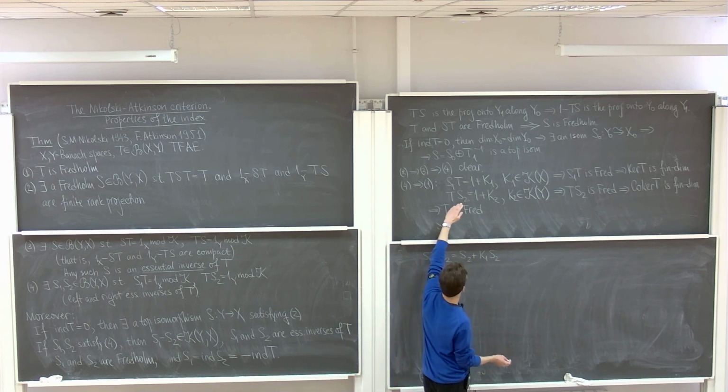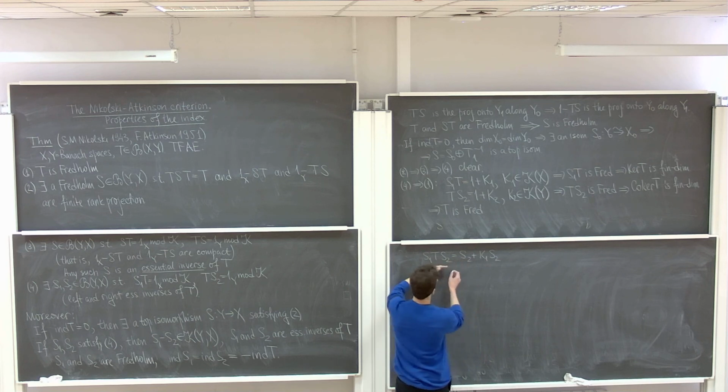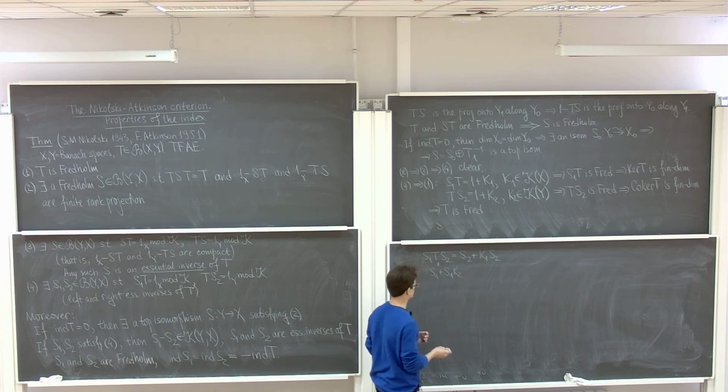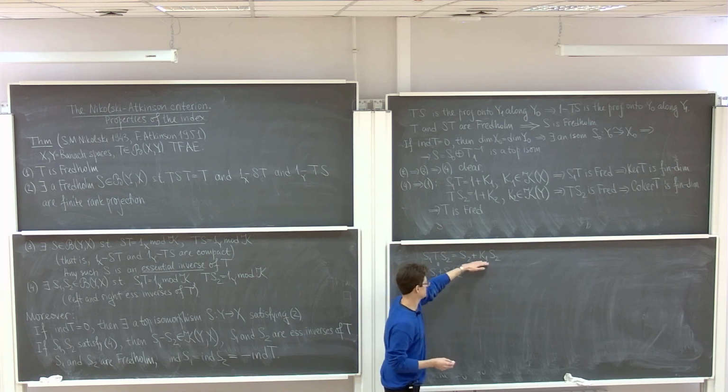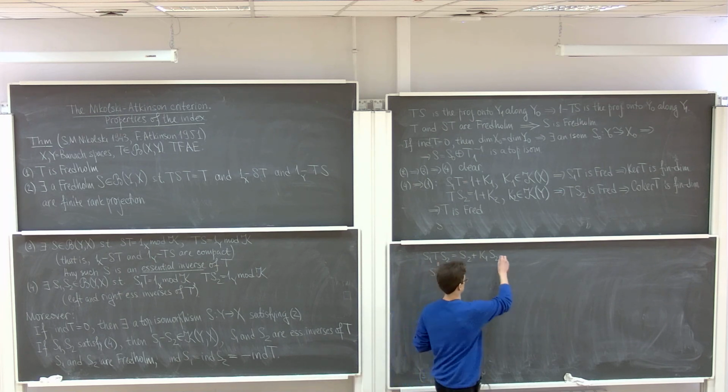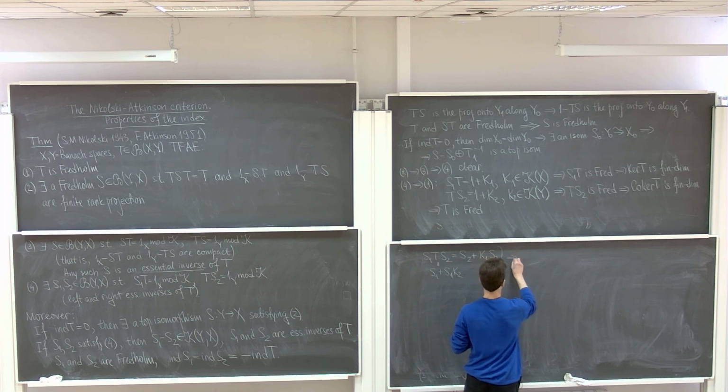And if we now take this equality and multiply it on the left by S1, we see that the same operator, S1TS2, equals S1 plus S1K2. And if we now compare this and this, and take the difference, we see that S1 minus S2 is the difference of these two operators, which are compact. So these equalities imply that S1 minus S2 is a compact operator.